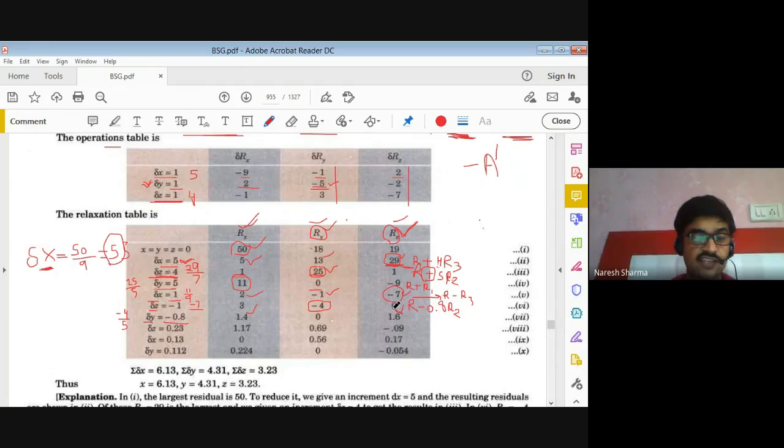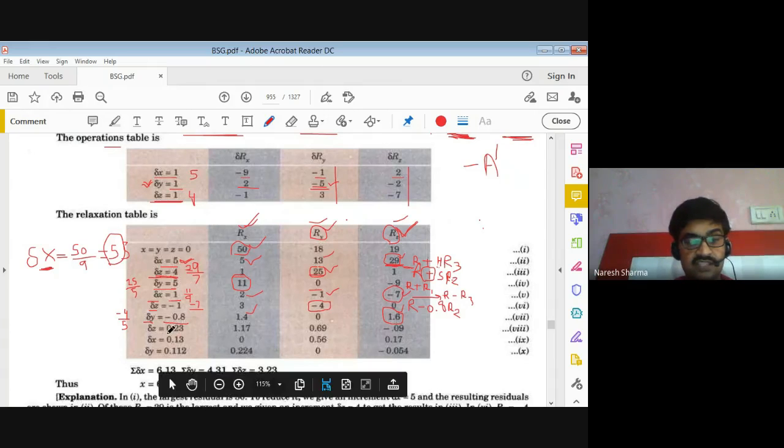So the largest value is now 1.6. Divide this 1.6 by your A33, which is 7. So 1.6 divided by 7 is your 0.23.